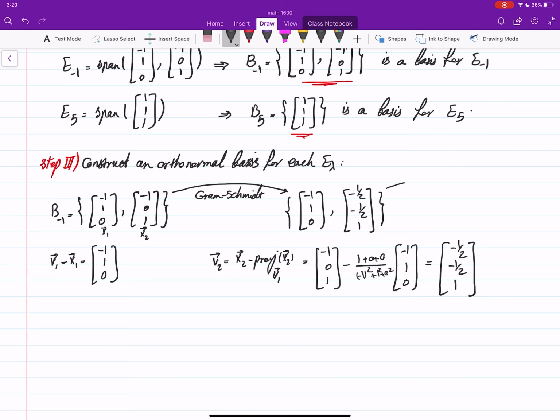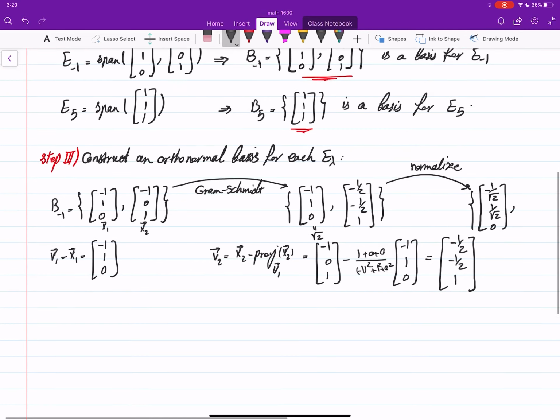Then we have to normalize these. Normalization here is that we multiply each one by 1 over the length of each. This one has length root 2, so this will be negative 1 over root 2, 1 over root 2, and 0.